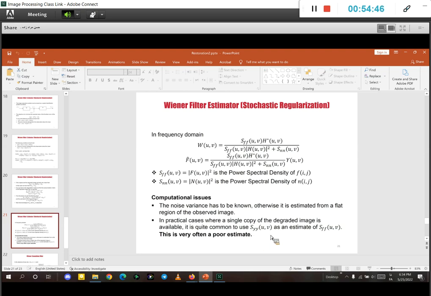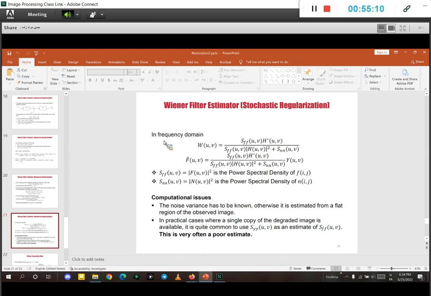This is very often a poor estimate, since the PSD of output doesn't mean the PSD of input, but in some cases it is a good criterion.